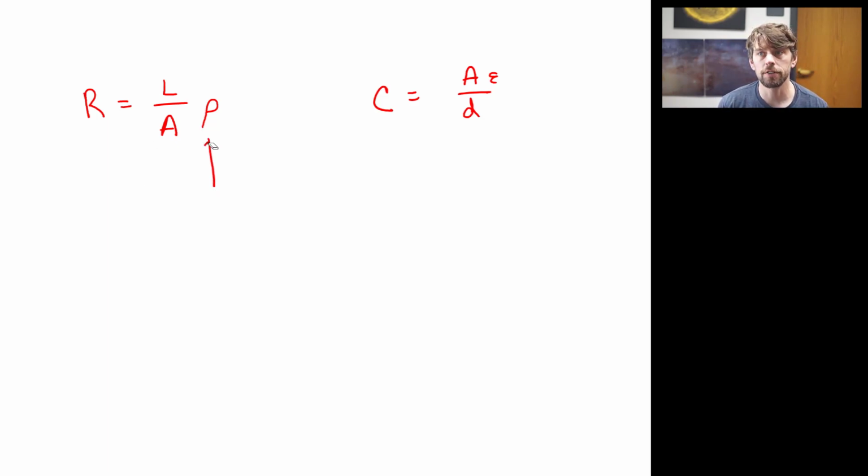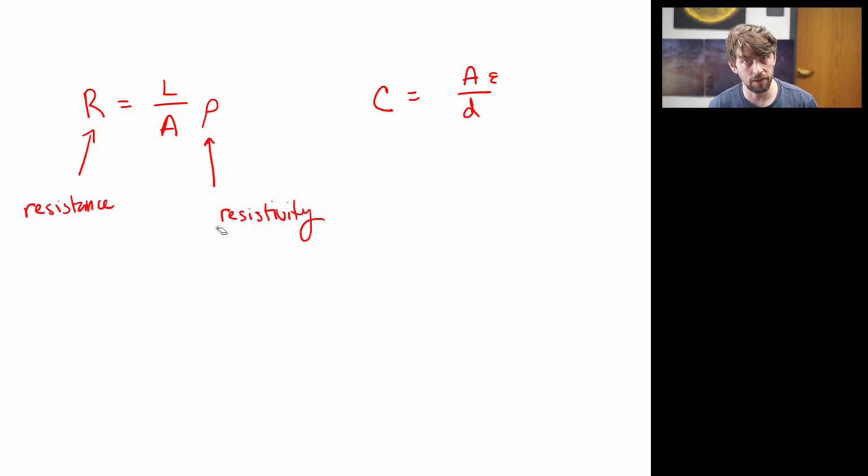In this context, this is referred to as the resistivity. So you have resistance. Resistivity is a material property, and it encompasses how easily charge flows through a particular material as compared to a different material. For example, the resistivity of metals tends to be low.